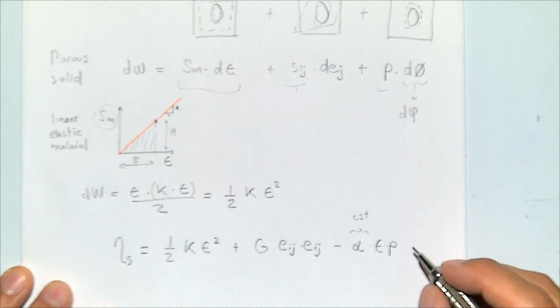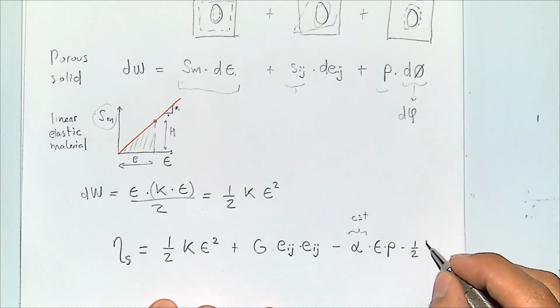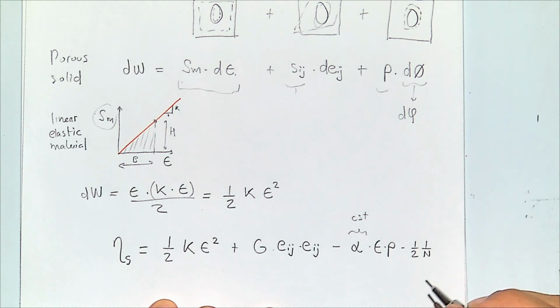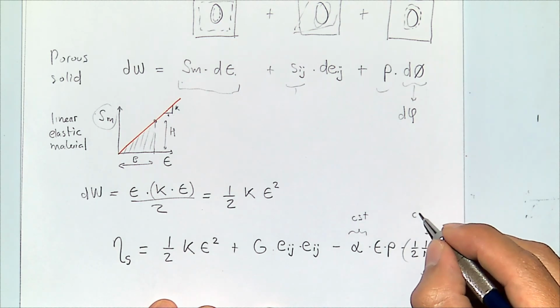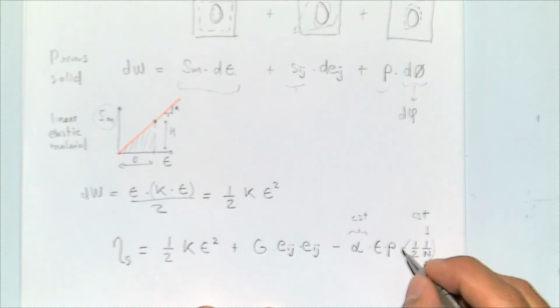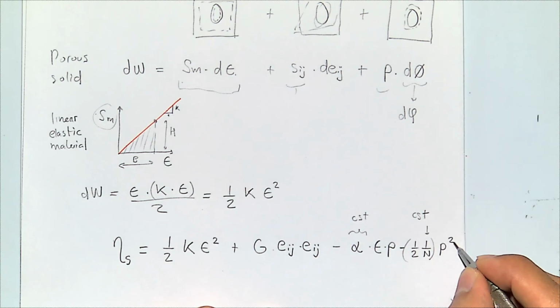And I'm going to have one more term, which is going to be 1/2 of 1/N. And again, this is just another constant. N is just a constant times pressure squared.